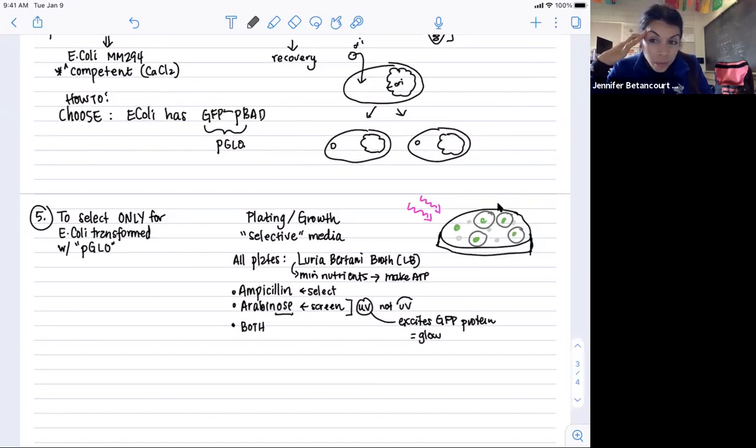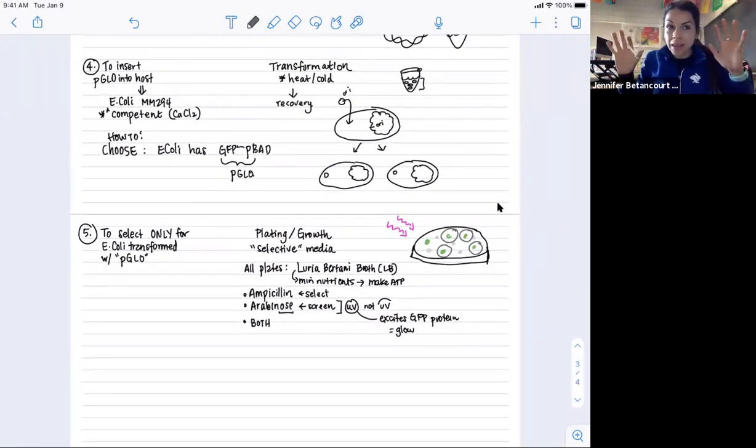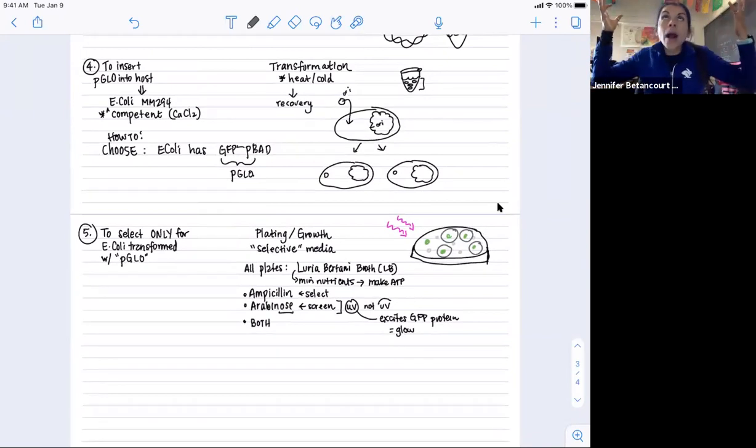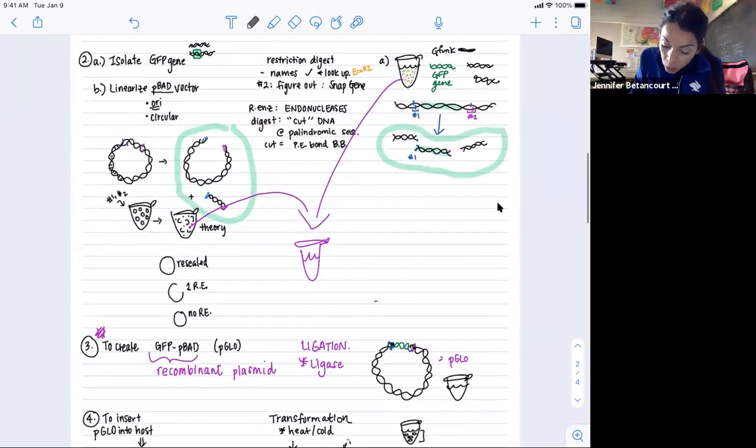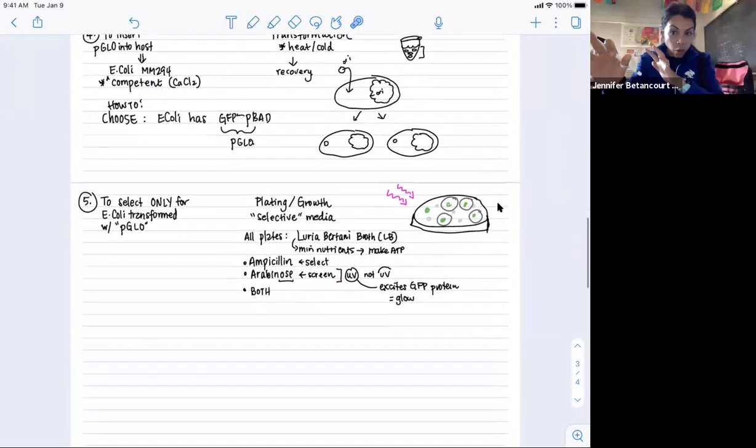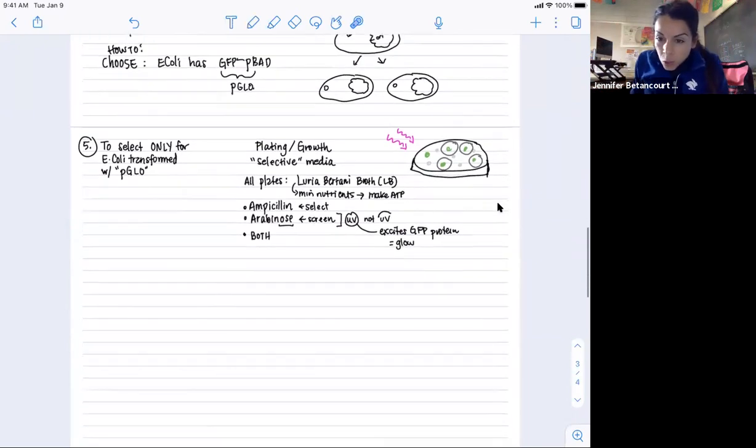We want to really make sure that the sequence hasn't changed in all of these processes, because we know how often mutations can happen. We only want to stick in this original GFP sequence. So type, don't press enter. What do we do next?